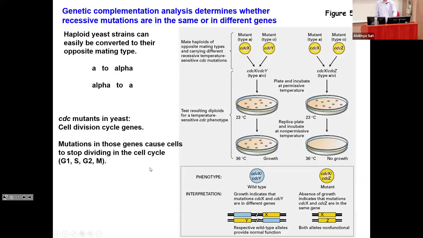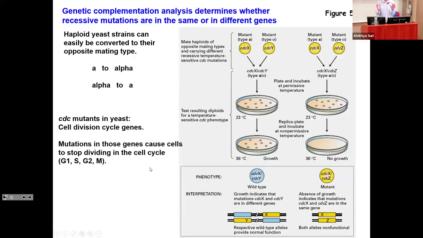So what does this mean? When you look on the left side in this scheme, you see that the mutations of these two genes are in different genes. Here we have X and Y. This is not the same gene affected, but different genes.